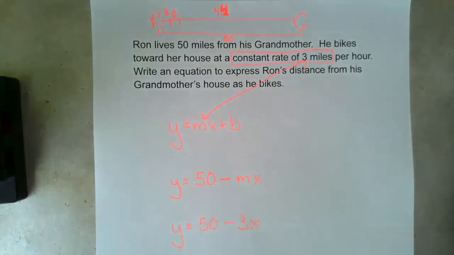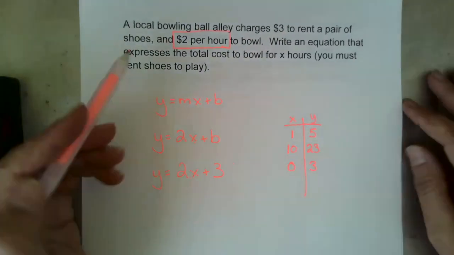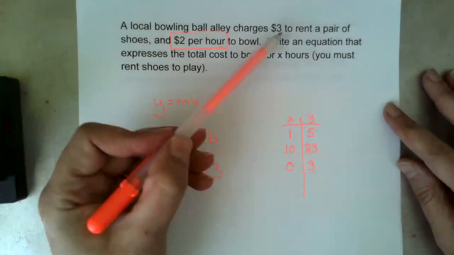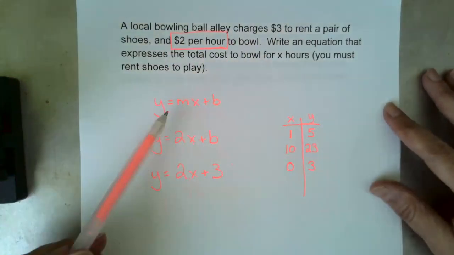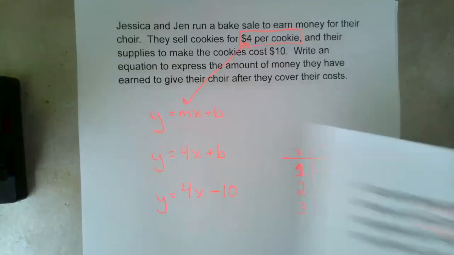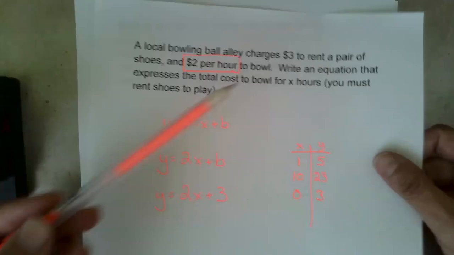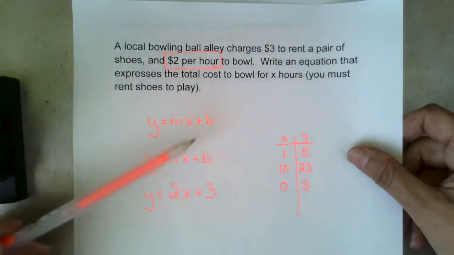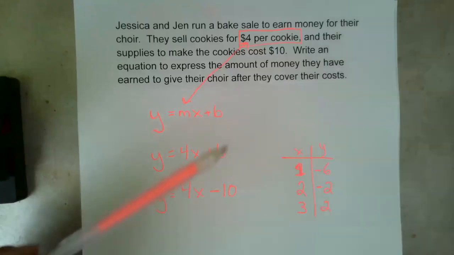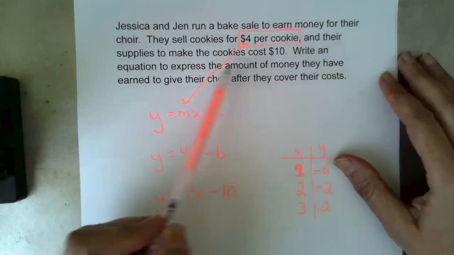So again, let's take a look at these 3 different word problems and how we knew how to do them each differently. So we have our first one, and this one's pretty straightforward. We have our constant rate of change, and we have our initial cost. And so that's our mx and our b, y equals 2x plus 3. For our next one, what changed is that instead of having an initial amount to pay and then more money to pay, we had money being earned and we had outlay of money.